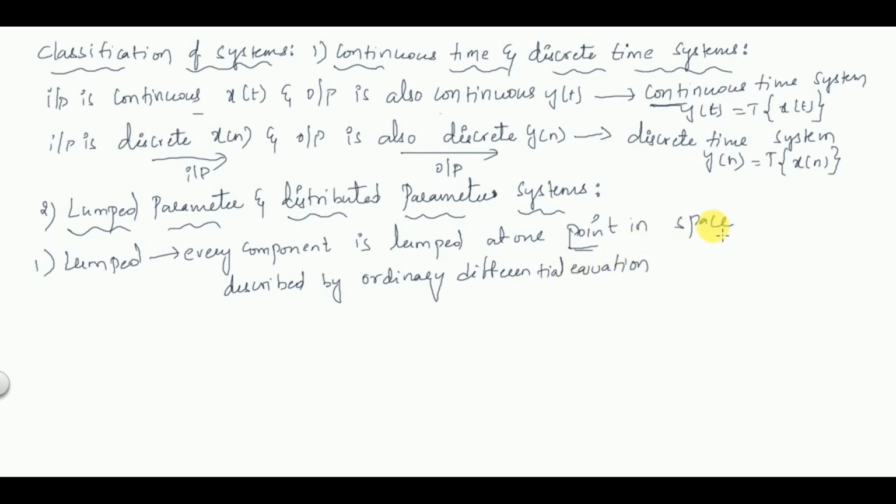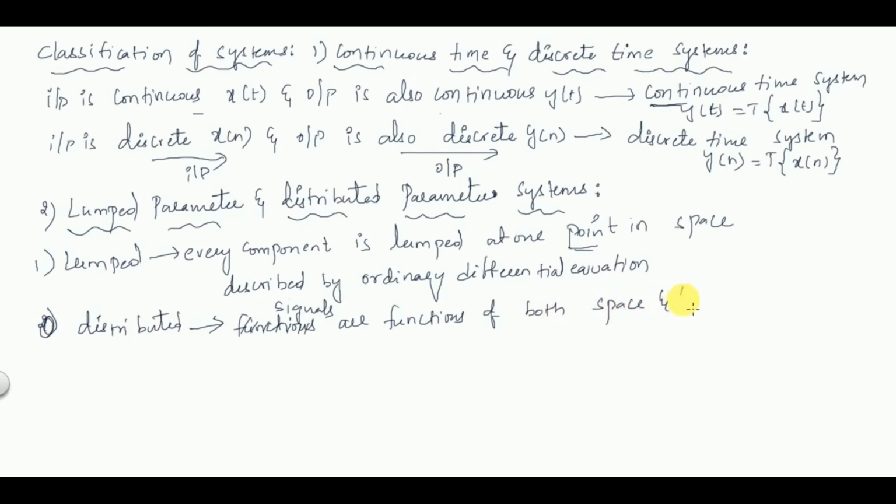So distributed parameter systems: in distributed parameter systems, the signals are functions of both space and time. Okay, so they are described by partial differential equations.